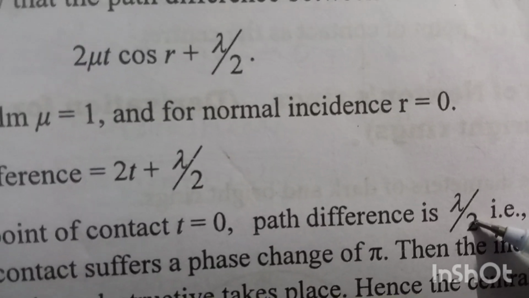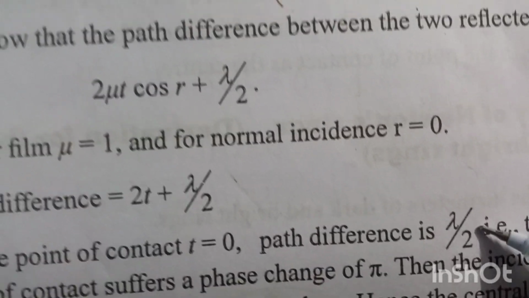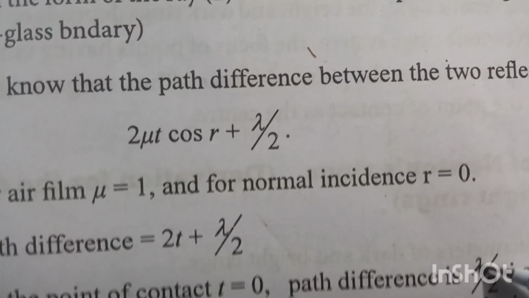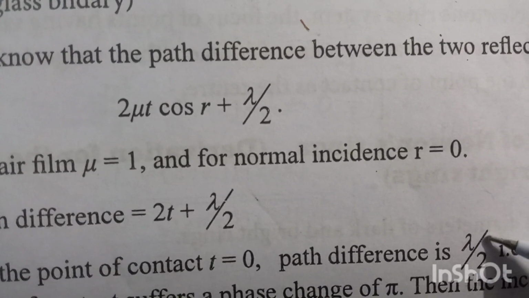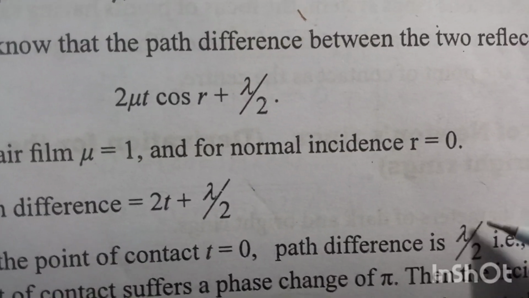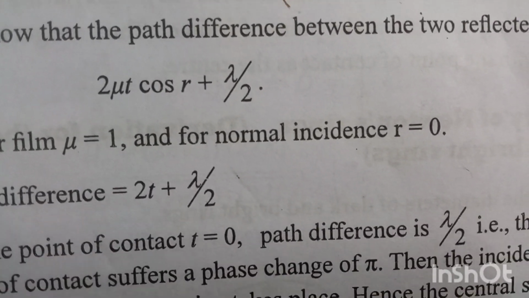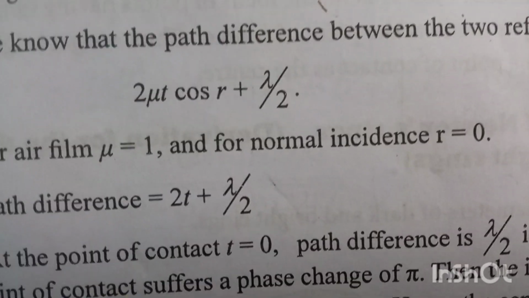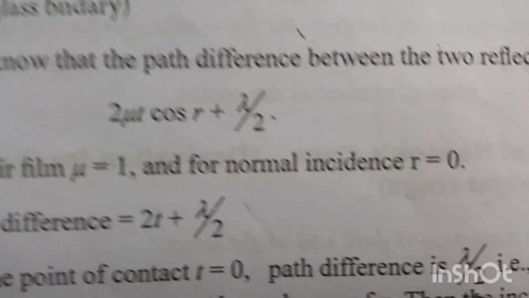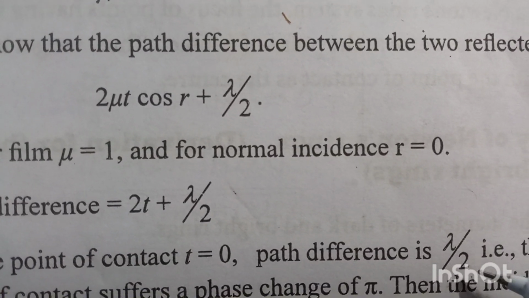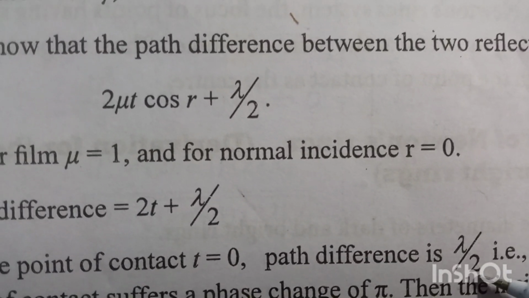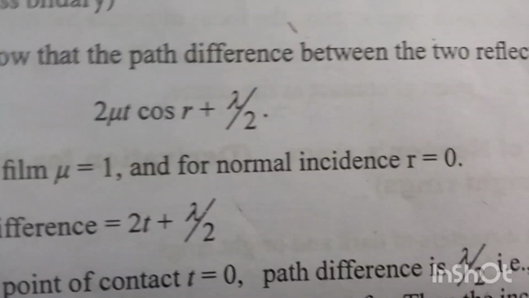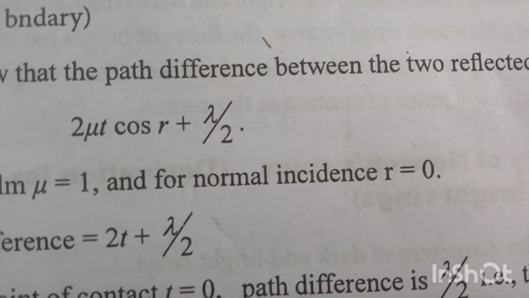So the reflected light at the point of contact suffers a phase change of pi, or lambda by 2. Then the incident and reflected lights are out of phase here. Out of phase means destructive interference takes place, so finally the central spot becomes dark.